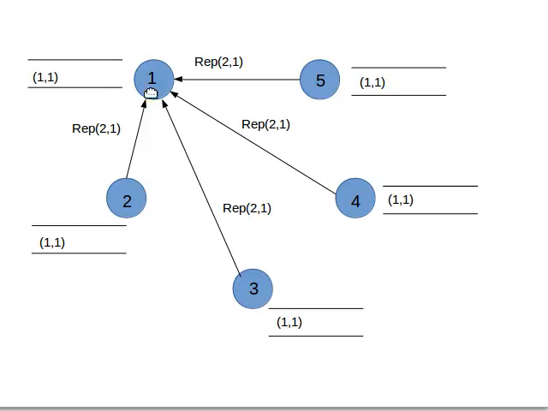The site has to check whether it got all the replies and whether it is in the front of the queue. Now site 1 checks that, as it got all the replies and it is at the front of the queue, so it is eligible to enter into critical section.